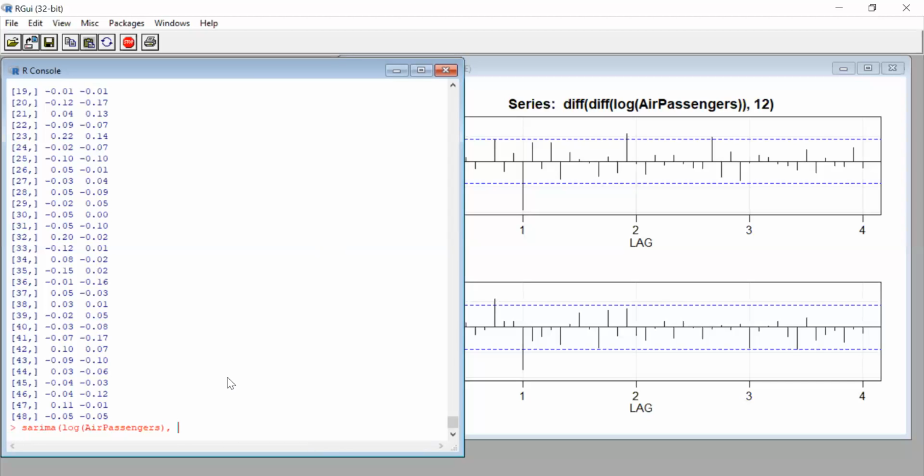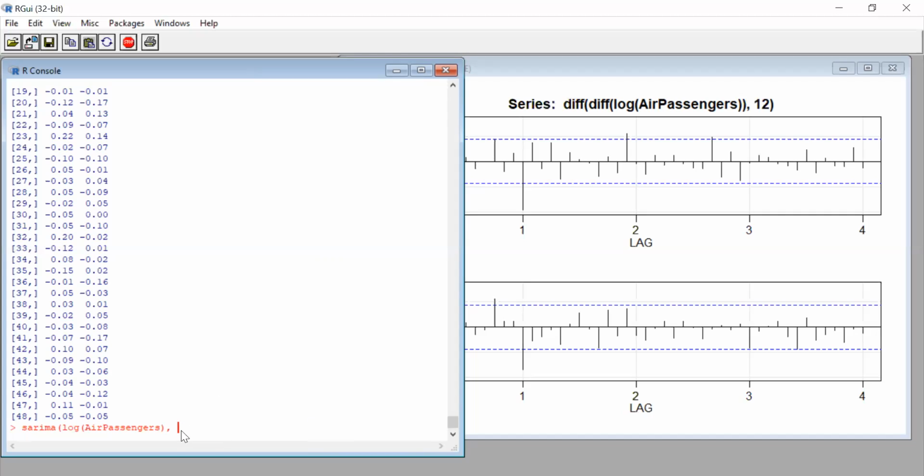So now here first, we have to plug in the parameters, the number of parameters without the seasonality. And then we plug in another set of parameters, PDQ, for the seasonality, and finally we take the length of the season.